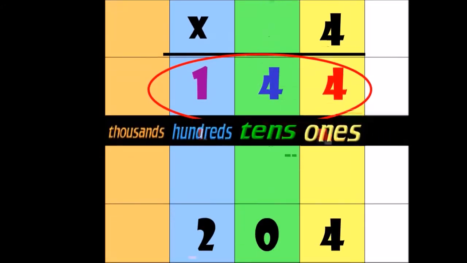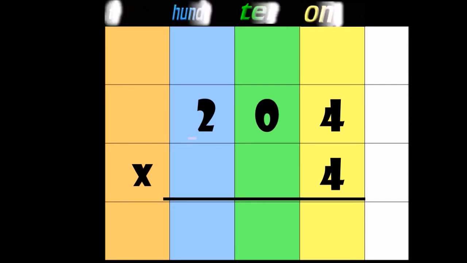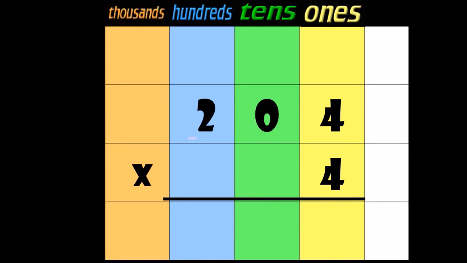4 times 4 is 16. I will write the 6 at the bottom of the ones place and regroup the 1 at the top of the tens place. We learned with the zero property of multiplication, anything times 0 is 0.